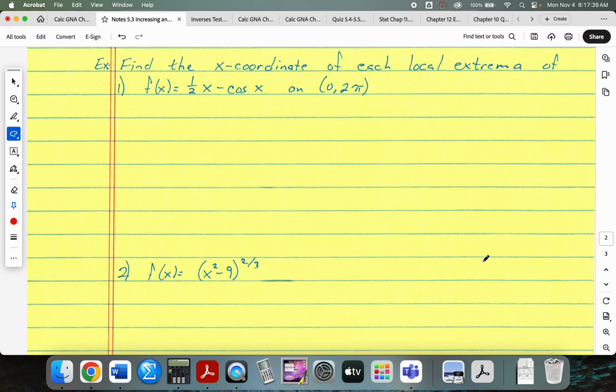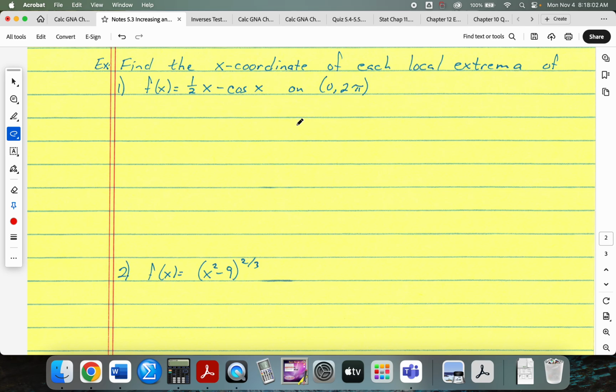Find the x-coordinate of each local extrema of the following functions. So we have f of x is 1/2 x minus cosine x. Again, we want this to be continuous on the interval that we're looking on, and it is. It's continuous everywhere.